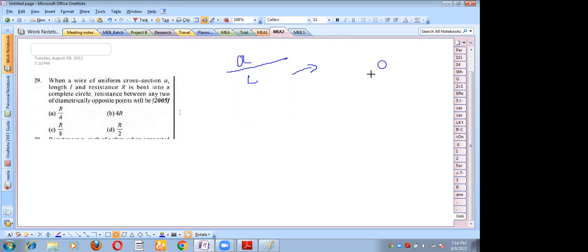Then we have to find resistance between any two diametrically opposite points. Suppose these two points are A and B. So we have to find the resistance between points A and B, right?